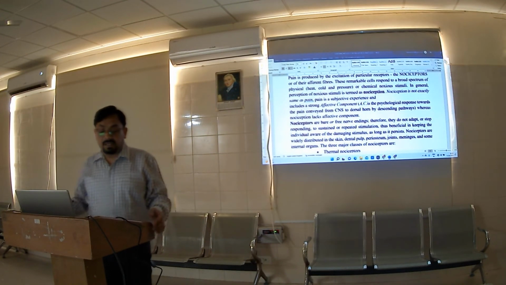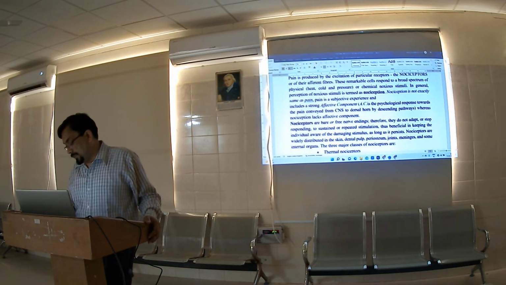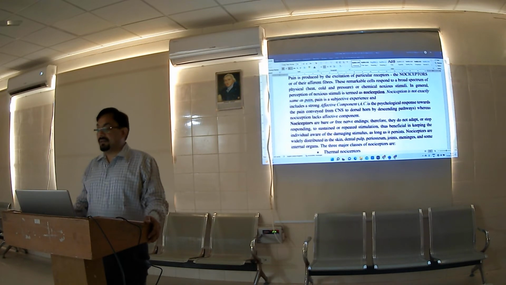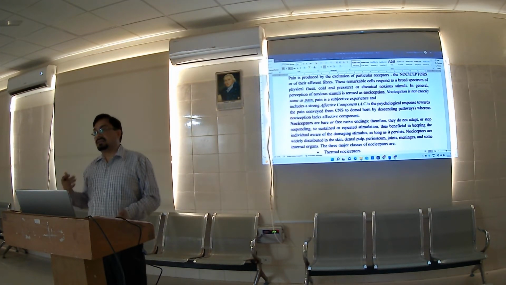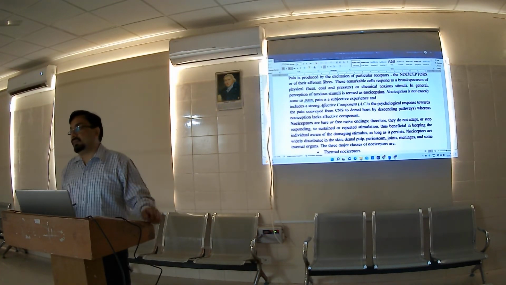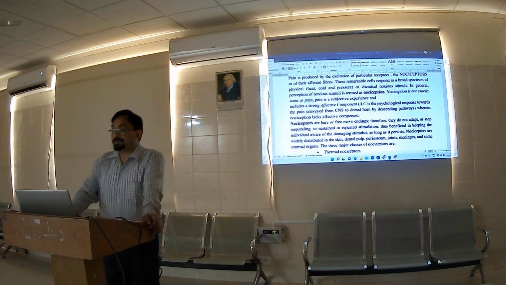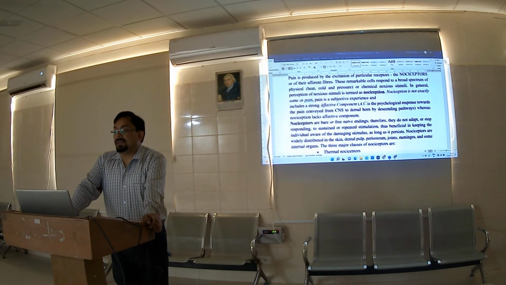If you already have the idea of the gate theory, which is the most appreciable and accepted theory of pain, then you can understand the ascending pathway from periphery to the central nervous system, and the central nervous system many times suppresses the pain. I will try to explain later. Whereas nociception lacks the affective component. So this affective component is associated with the pain, which is not there with the nociception.